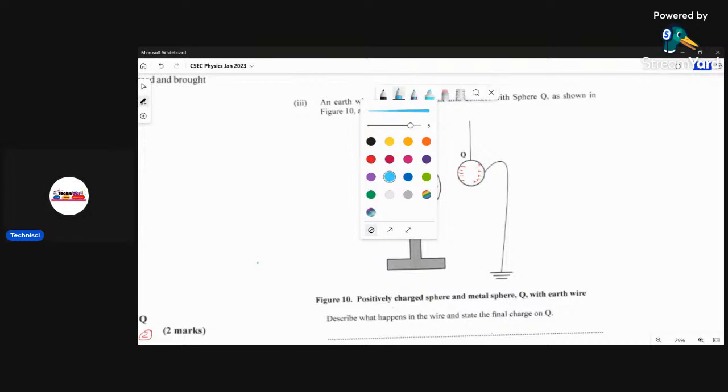Then once this earth wire now is connected, you're going to have negatives going up the wire from earth. And what those negatives are going to do is to come over here and balance out this side of the sphere, making this side now neutral.